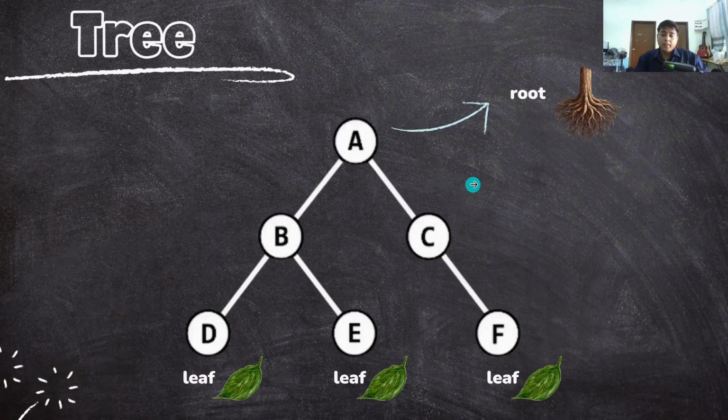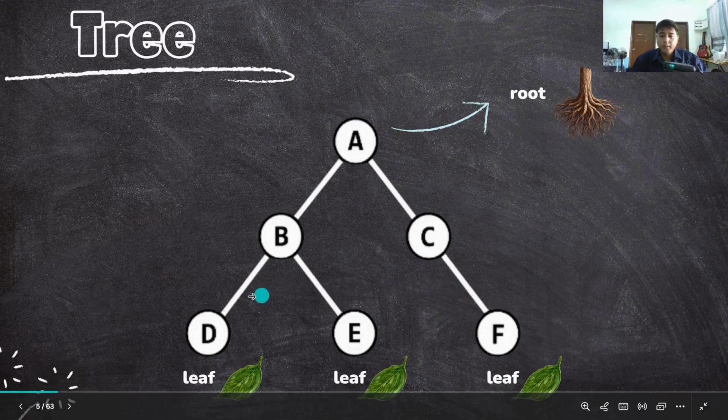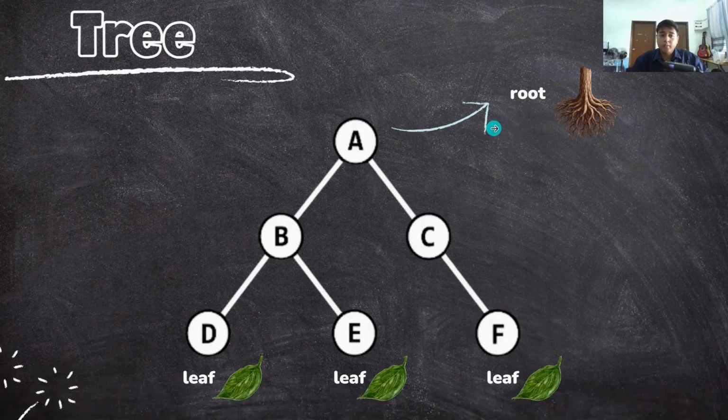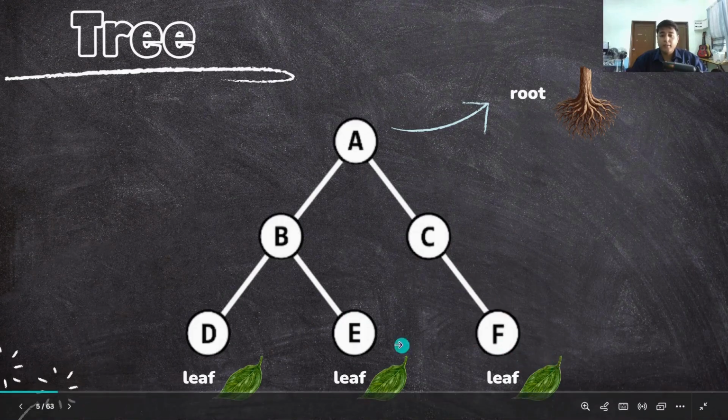So the top of the tree is called the root node, and the bottom of the tree is called a leaf node. So what is a root node? The root node is a node that has only outgoing edges but no ingoing edges. And the same goes for leaf nodes.